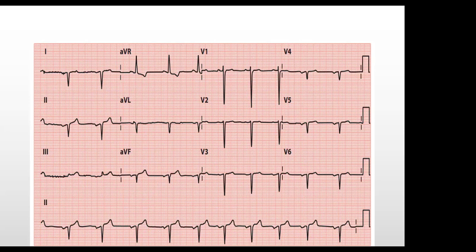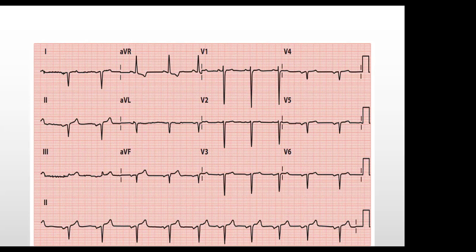Then the axis is extreme right axis. When I look at the precordial leads, in terms of the R wave, there's inverse R wave progression, not the typical R wave progression that we'd get. There's R here. By the time you get to V6, there's no R.